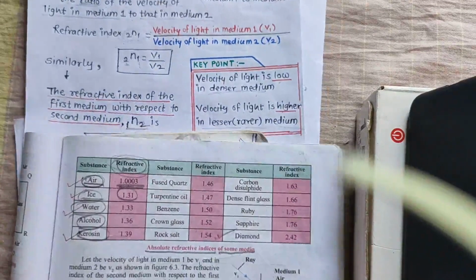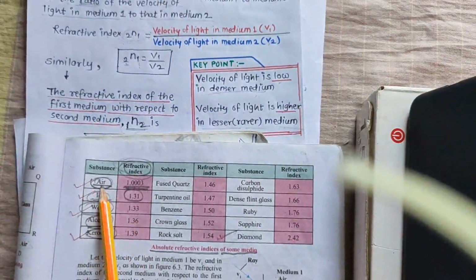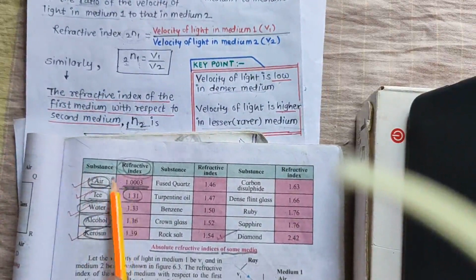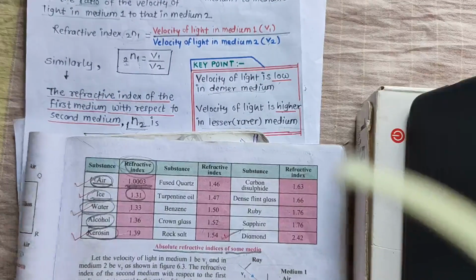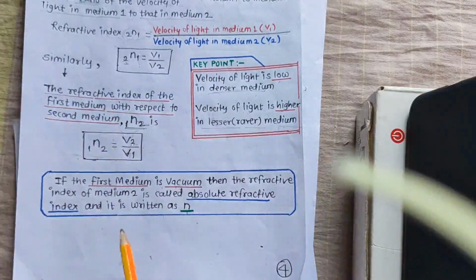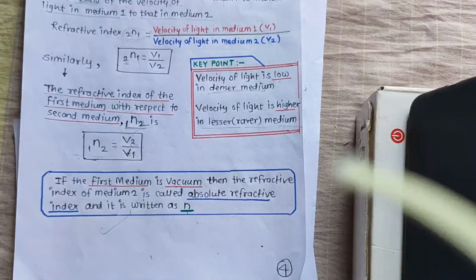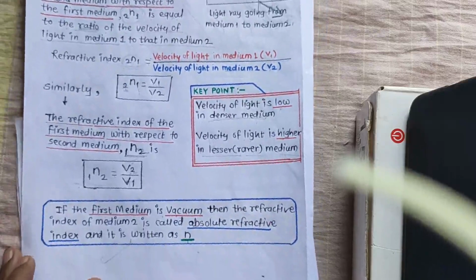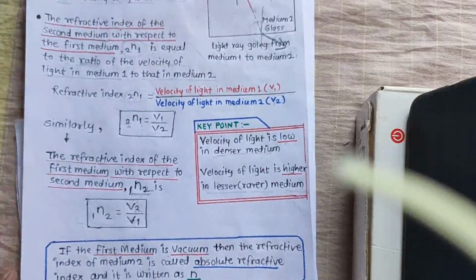Same as we covered over here, from vacuum it is coming into the air. That time we get the refractive index 1.0003. Same concept is over here, and we have covered this topic. Hope you understood everything, the refractive index and all. Suppose you want to write it down, please write it carefully.